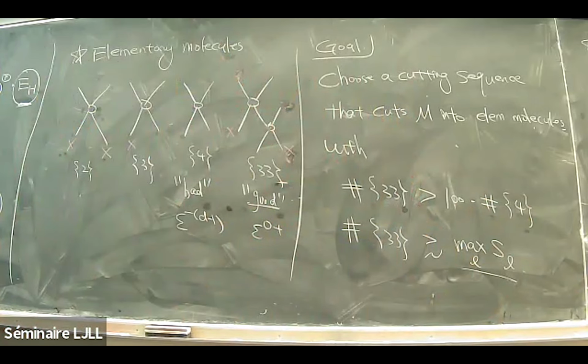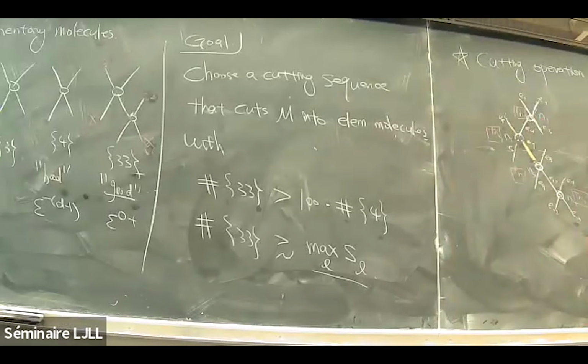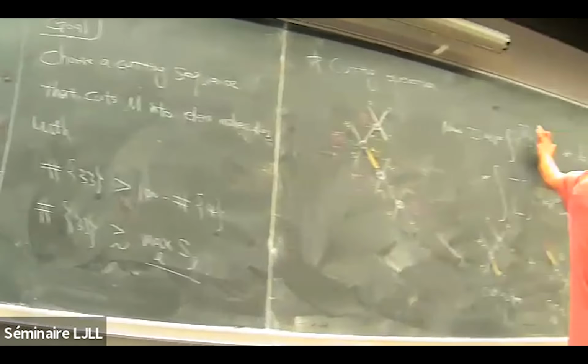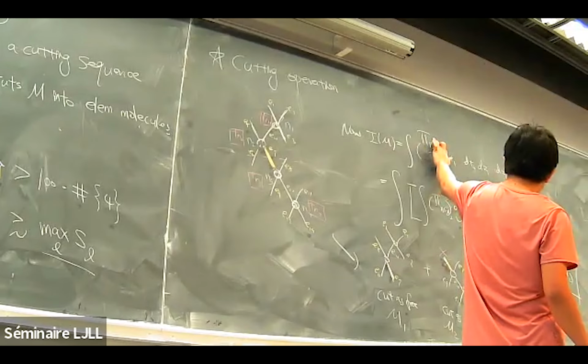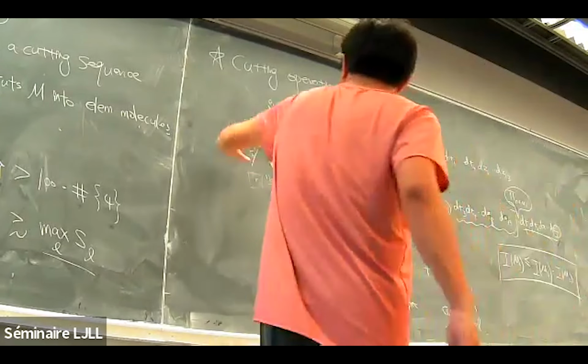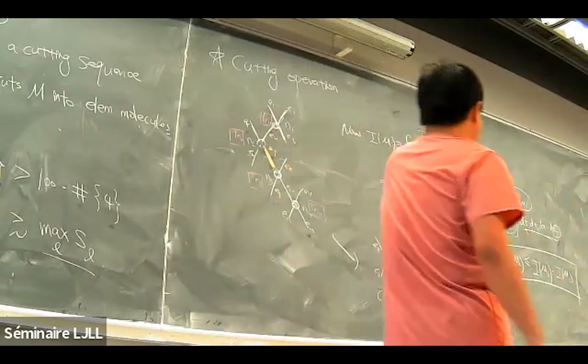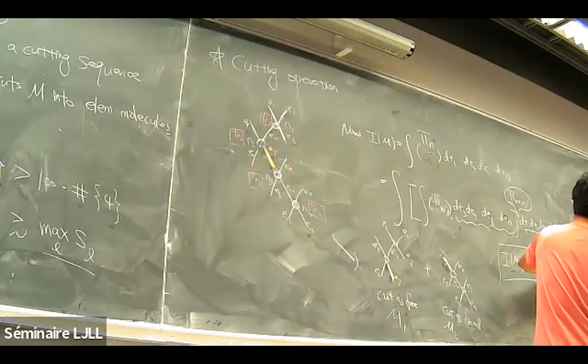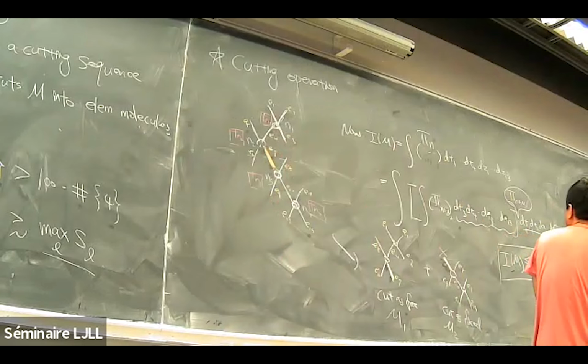Okay, so now remember we started from this formula we proved yesterday, and we defined this notion of IM, which is this huge integral involving all these edges and all these vectors, velocities for these edges, and these nodes for these atoms, and all these delta functions corresponding to these collisions. And how to deal with the integral: we estimate by the cutting, and the cutting tells you the integral is less than the integrals of the smaller molecules.